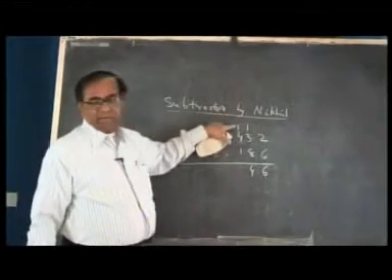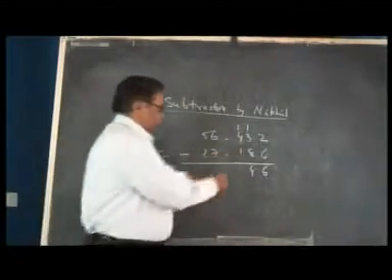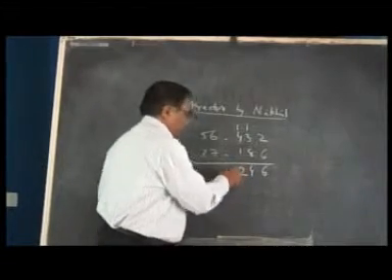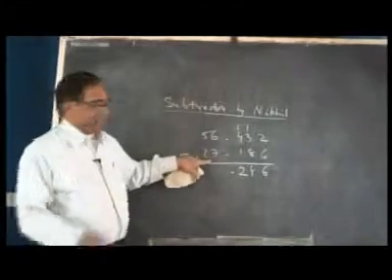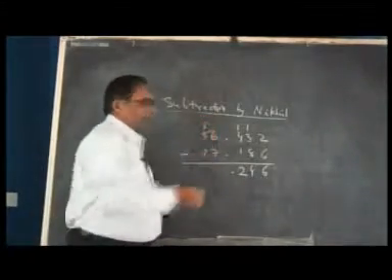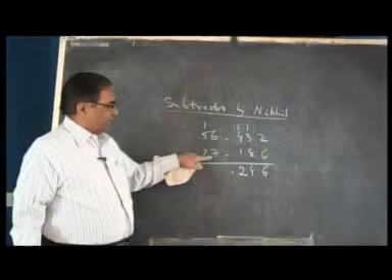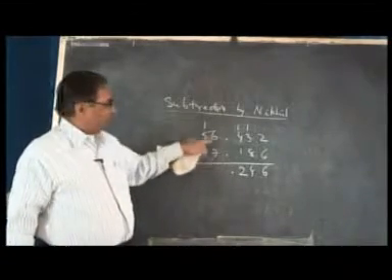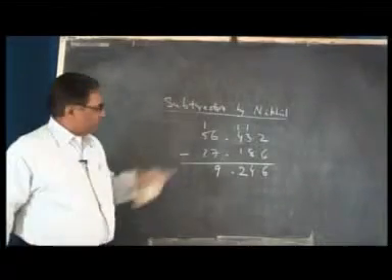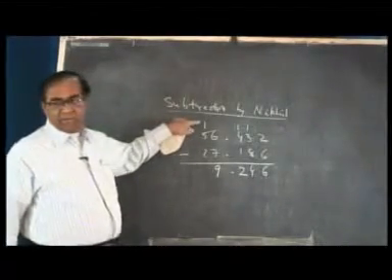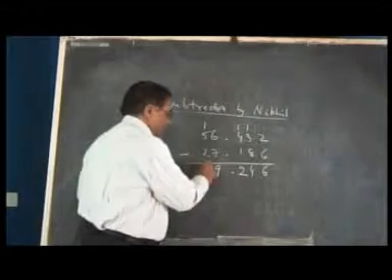4 minus 1, 3. Minus 1, 2. Point. 7 cannot be subtracted. Put a sign here. That is Nikhilagre. Nikhil of 7 is 3. Add it here. You are getting 9. 5 minus 1, 4, minus 2.